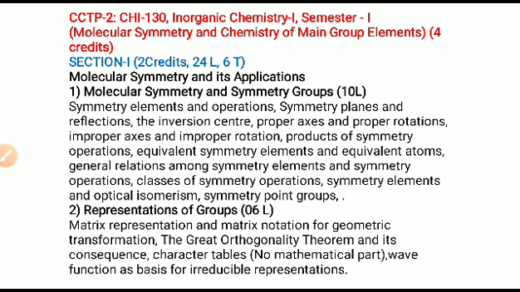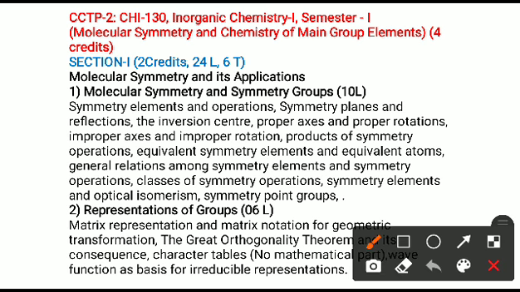It includes two sections. The first section is molecular symmetry and the second section is chemistry of main group elements. This is also a 4 credit course.